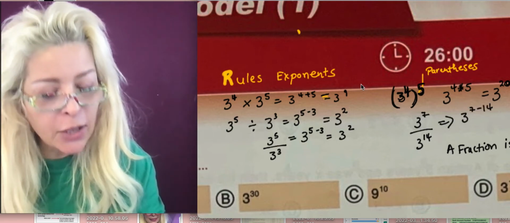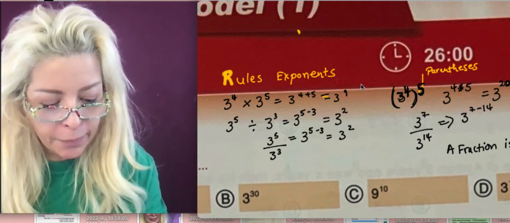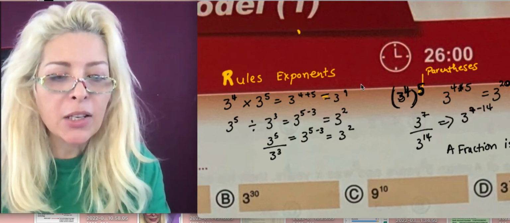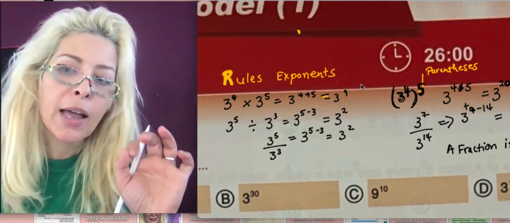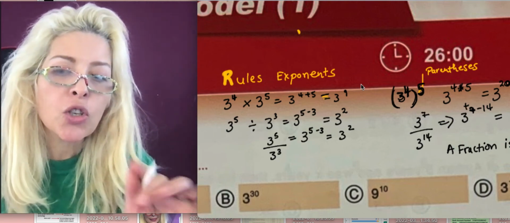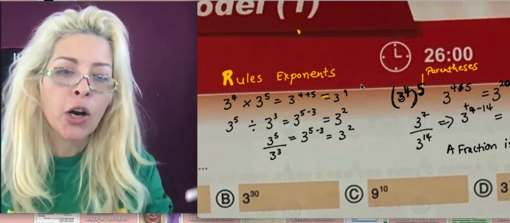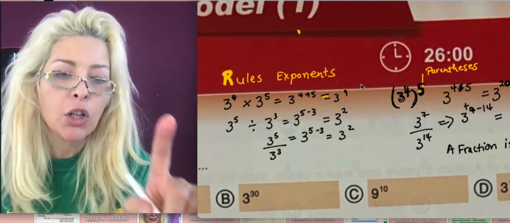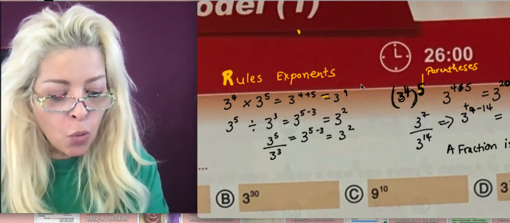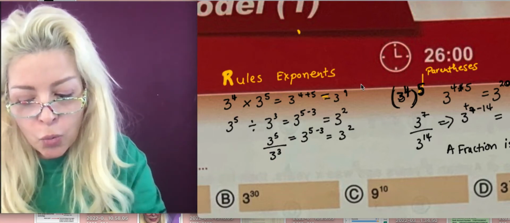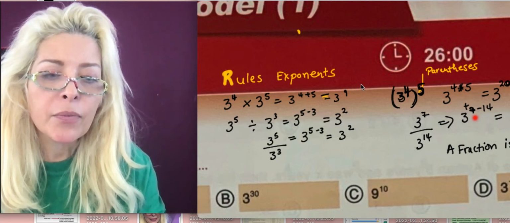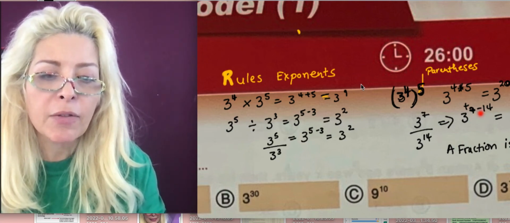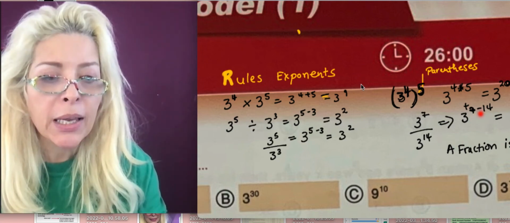But in this case, when you subtract, what do you get? 7 minus 14. Because 7 is a positive and 14 is a negative, you subtract the smallest from the largest and you keep the sign of the largest number. Let me repeat. Which one is the largest here? 14 or 7? 14. So you will keep the sign of the negative. So your answer will be negative.